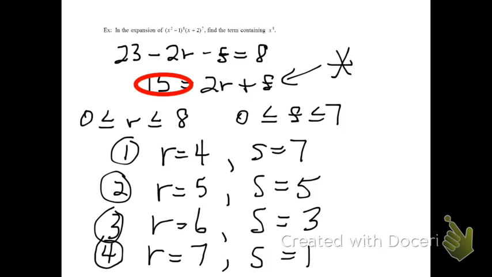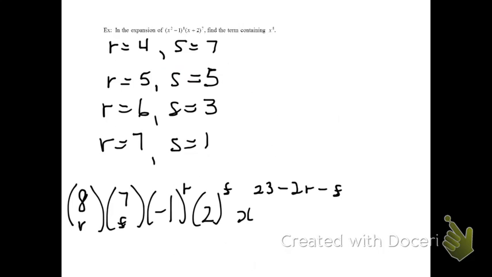Okay, so now we need to solve for each of those values and come up with our final answer. So just give me a sec. Okay, so here's the 4 combinations that we have, and what we need to do now is just solve for the exponent.